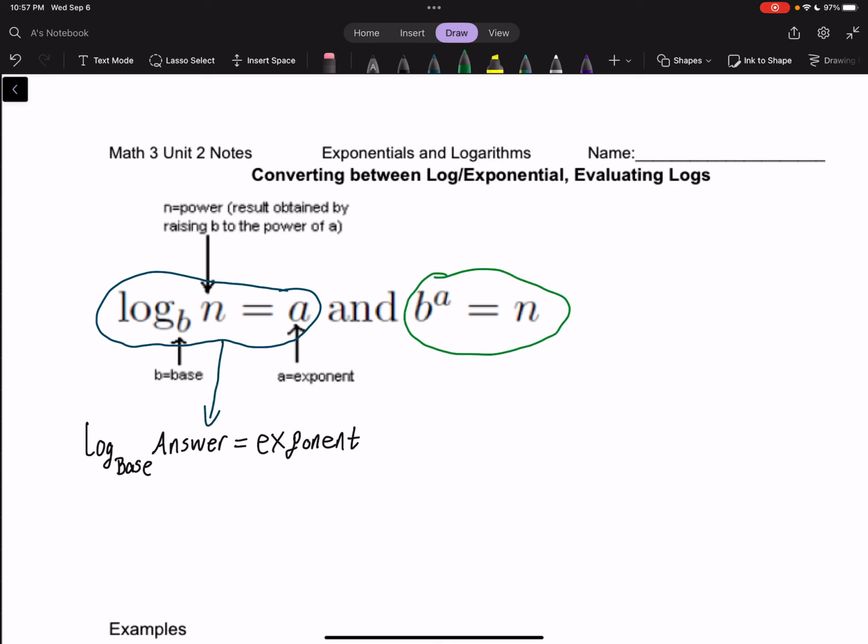For the right, and this one should make more sense, is base to an exponent is your answer. Okay?